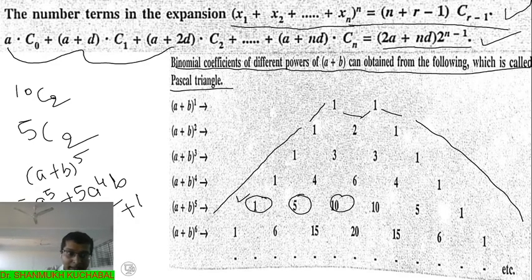Next 10 a^2 b^3, next 5 a b^4, and next 1 b^5. This is the binomial expansion of (a + b) raised to 5.